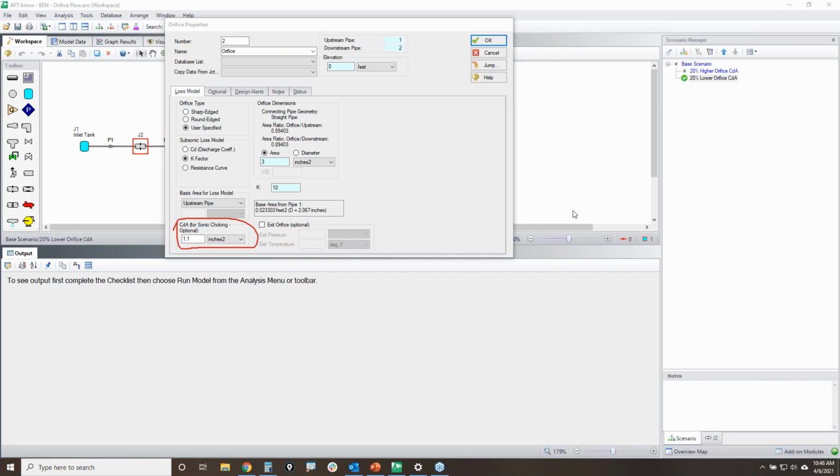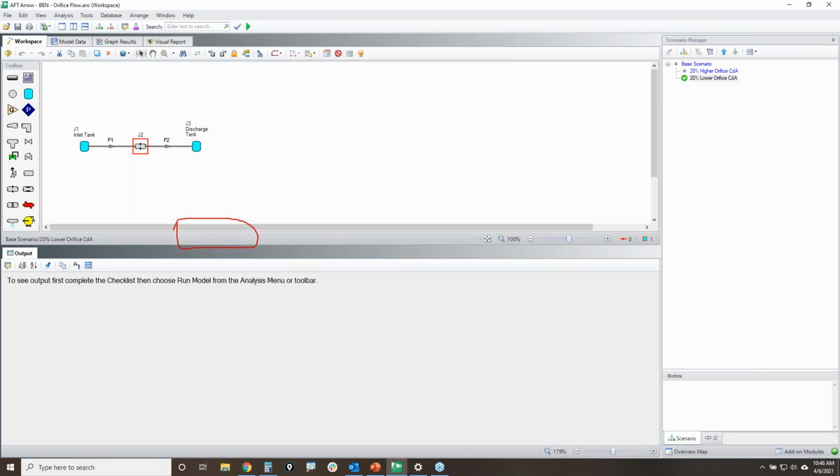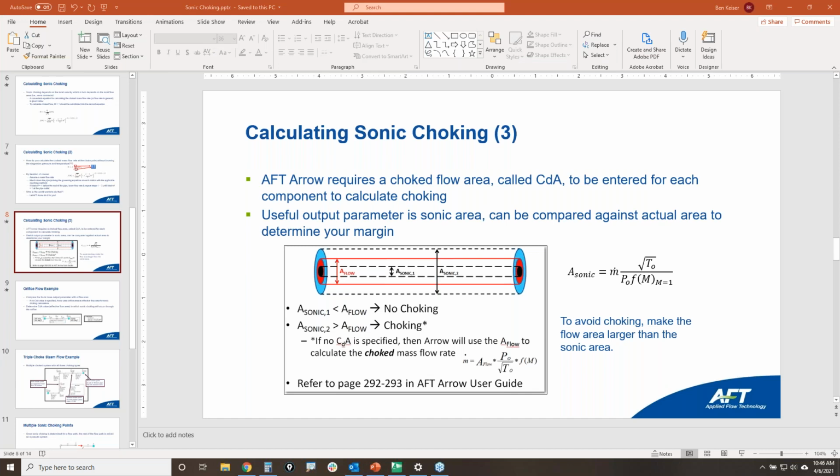So we have a smaller flow area than our sonic area. That's comparing our flow area to the larger sonic area, and we will see sonic choking and potentially a different mass flow right now.